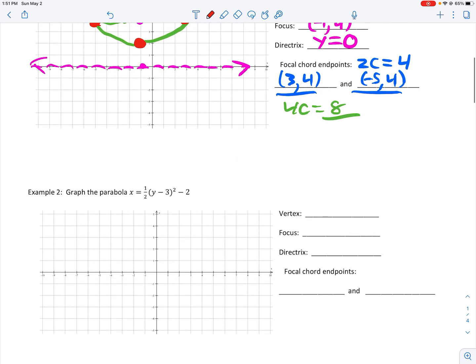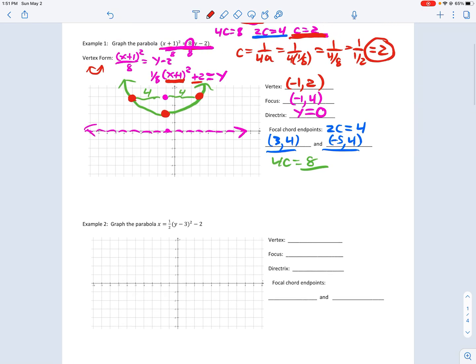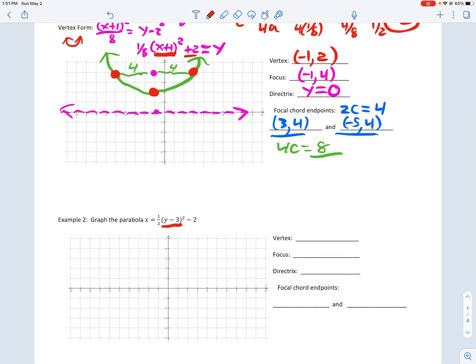Okay, so now if I look at example 2, this looks different than 1. So here, y is being squared, and it's a +1/2, so this is going to open to the right. And this is what we call vertex form. So we don't have to convert it to vertex form. So to find the vertex, again, in vertex form, descriptive form, it's opposite of what's in the grouping symbol.